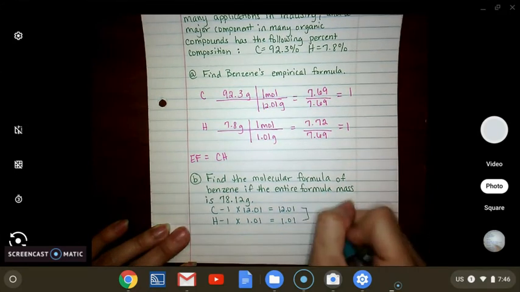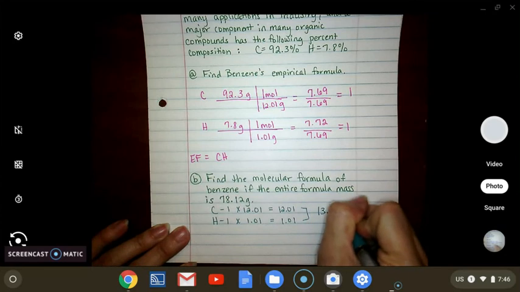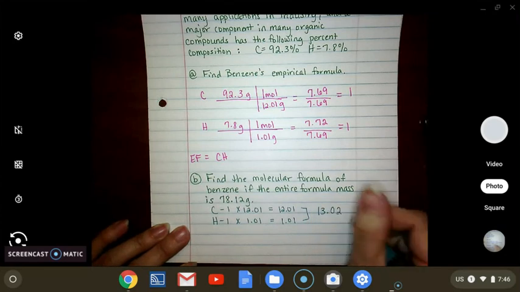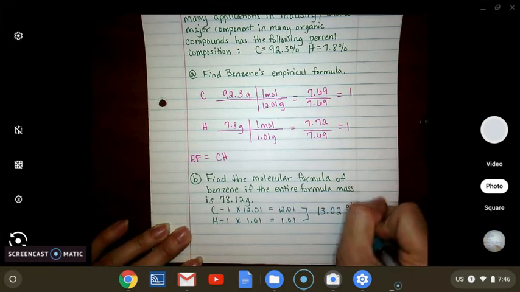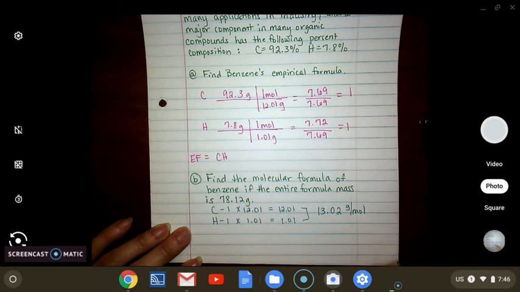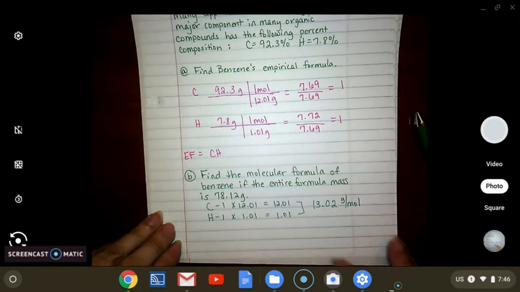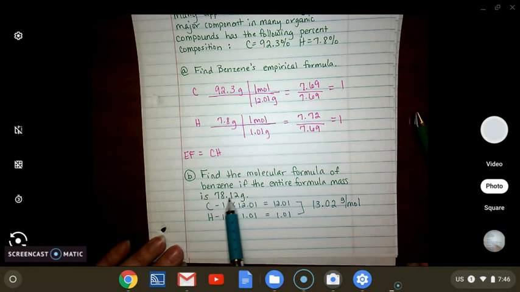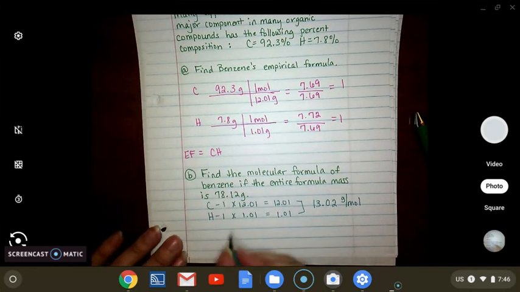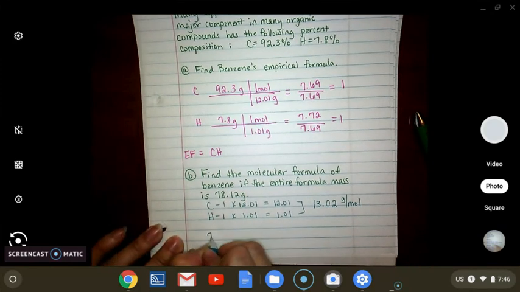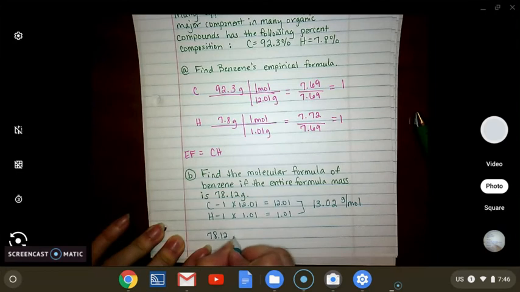And when you add these together, you get 13.02 grams per mole. And then you're going to take this number right here, divided by that. So you have 78.12 grams divided by 13.02 grams per mole.